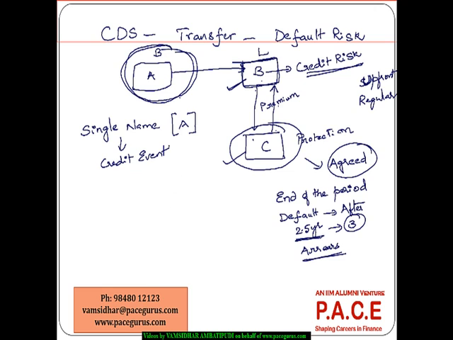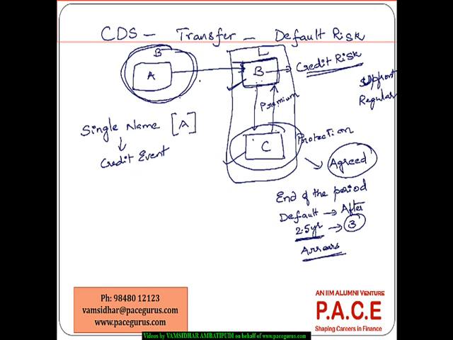So here, this is a CDS contract between B and C. The reference entity, A in this case, is not even a party to this CDS contract. It's external.